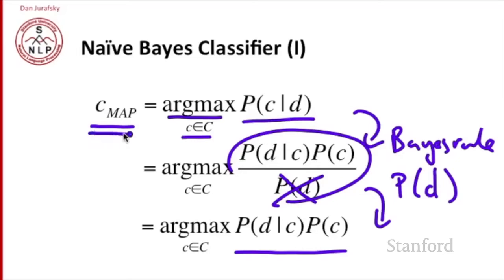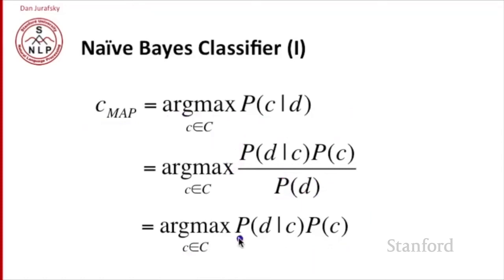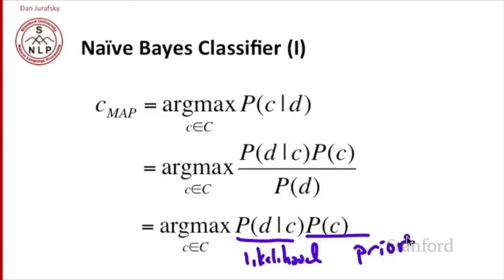So the most likely class, CMAP, is that class which maximizes the product of 2 probabilities. The probability of the document given the class, we'll call that the likelihood, and the probability of the class, we'll call that the prior probability of the class.